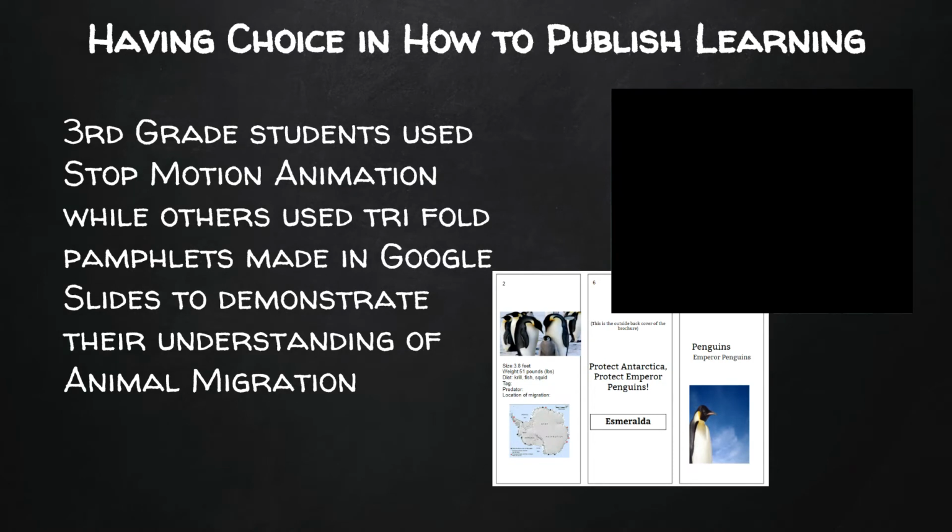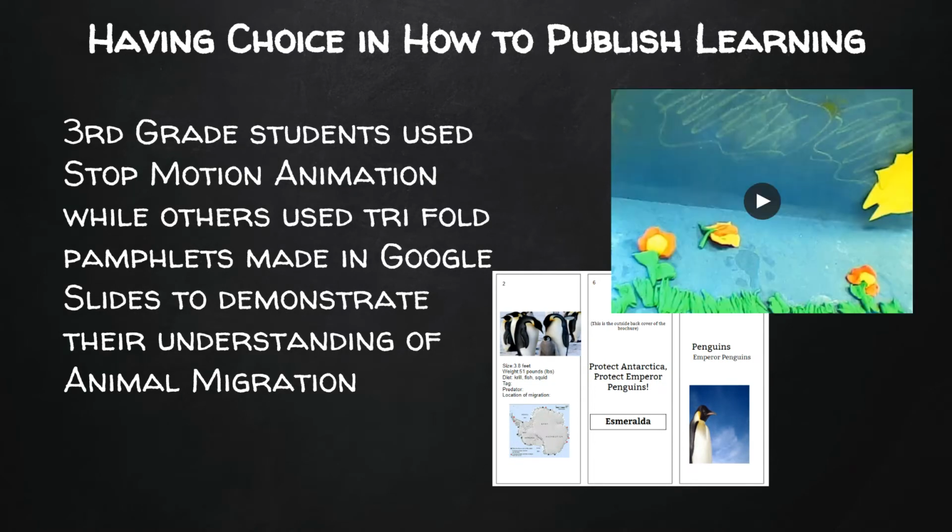The last example of giving choice to students to publish learning is these 2 examples where 3rd graders were allowed to either create a trifold pamphlet or stop motion animation video. So at the bottom left, you'll see a student created a trifold pamphlet about penguin migration, and the student on the upper right created a video of a butterfly migrating, and it's stop motion.